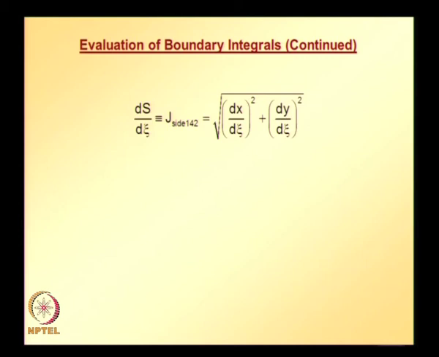So, this gives us the relationship between the differential element in the physical element and the differential element in the parent element.